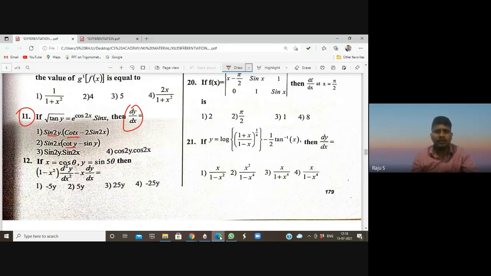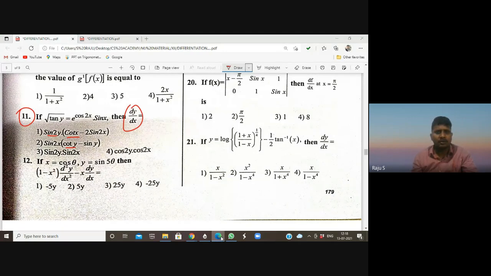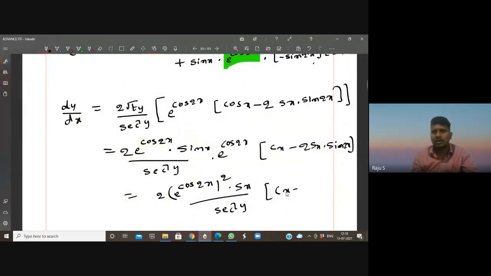All of you, sin x you can take common. When I take sin x common, it becomes sin square x, and then cos x by sin x minus 2 sin 2x. Now we'll get the answer.